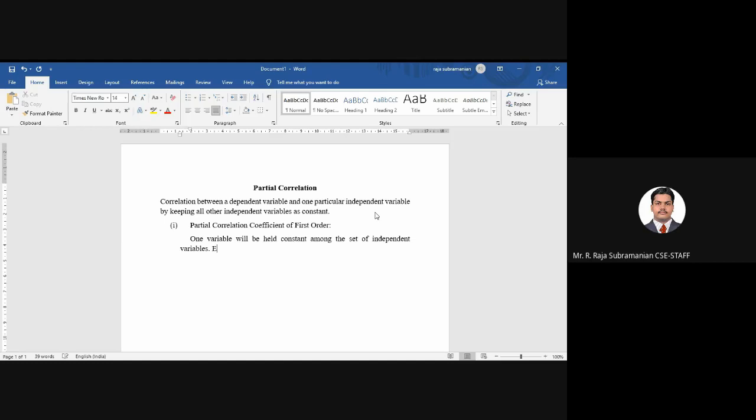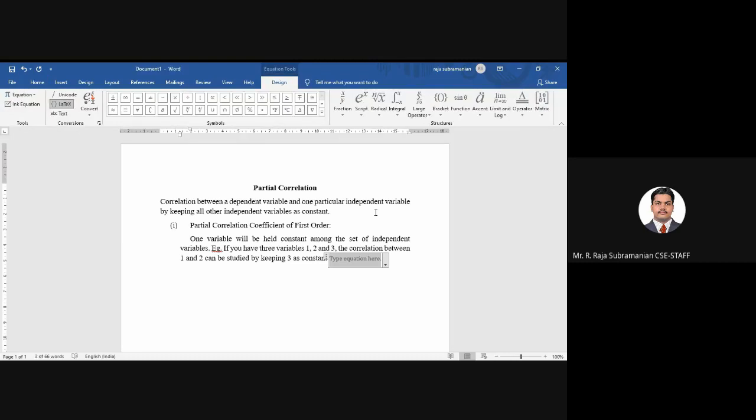An example: if you have three variables, 1, 2 and 3, the correlation between 1 and 2 can be studied by keeping 3 as constant.